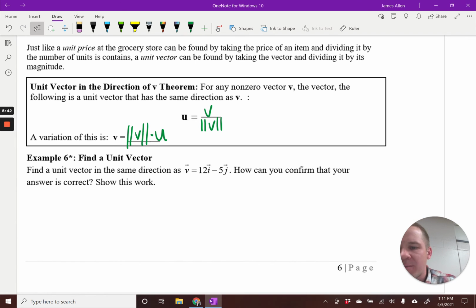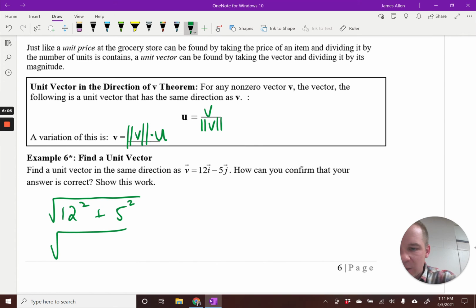How can you confirm that your answer is correct? Show this wonderful work. Okay, so we want to find the unit vector. So we have the vector, but remember, we're going to take that vector and divide it by its magnitude. So it looks like we have to find the magnitude of this one, right? We'll do the Pythagorean theorem. We got 12 squared, 5 squared, or negative 5 squared, same thing.